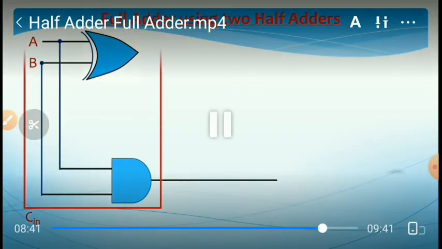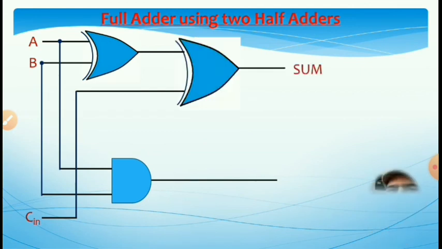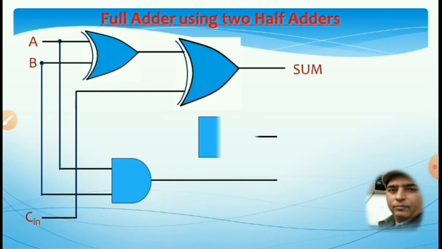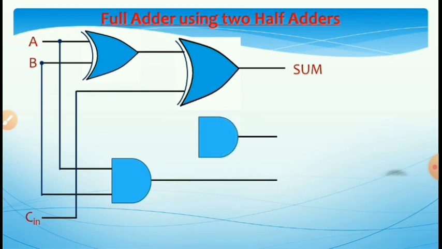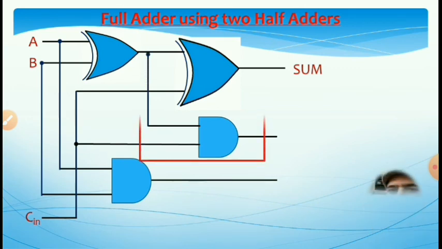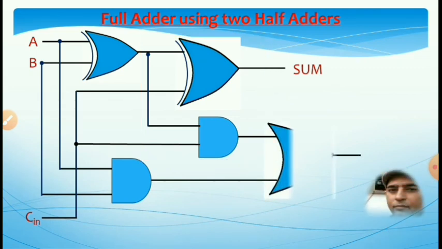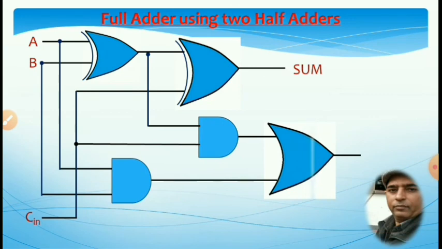Now after that, the output of the XOR gate of the first half adder and C in are passed to another XOR gate which forms the final sum. And now C in and the output of the first half adder are connected to an AND gate which forms a carry.